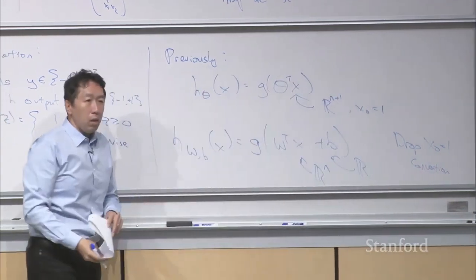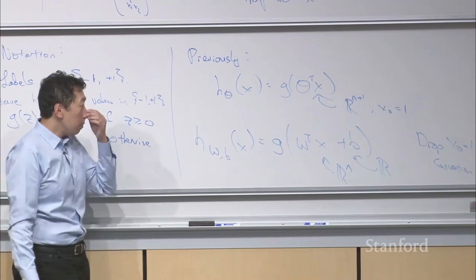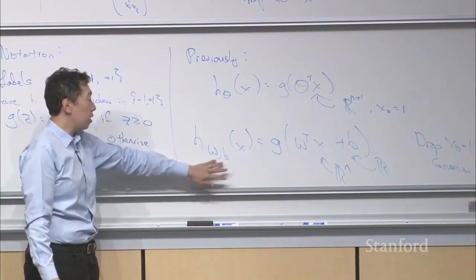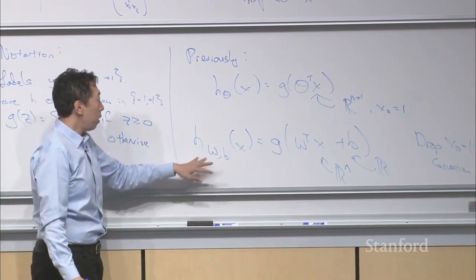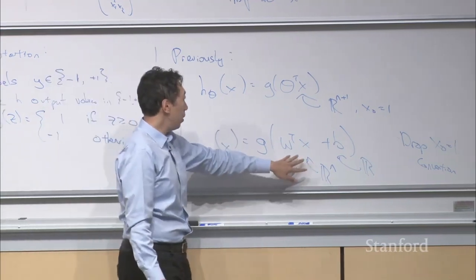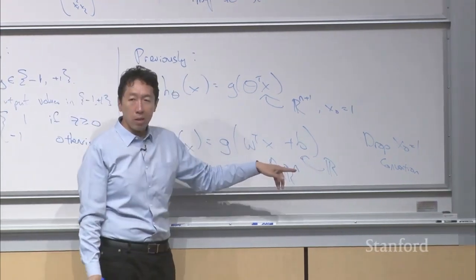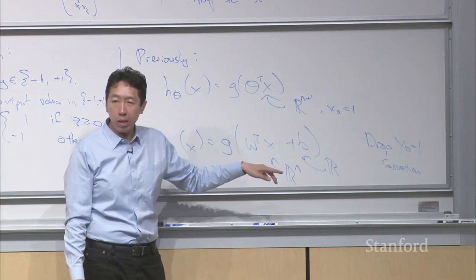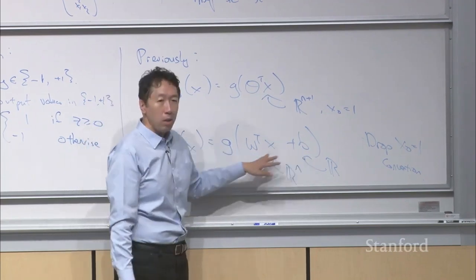Okay. So for the SVM, the parameters will be the parameters W and b, and the hypothesis applied to x will be g of this, and we're dropping the x0 equals 1 constraint. So separate out W and b as follows.